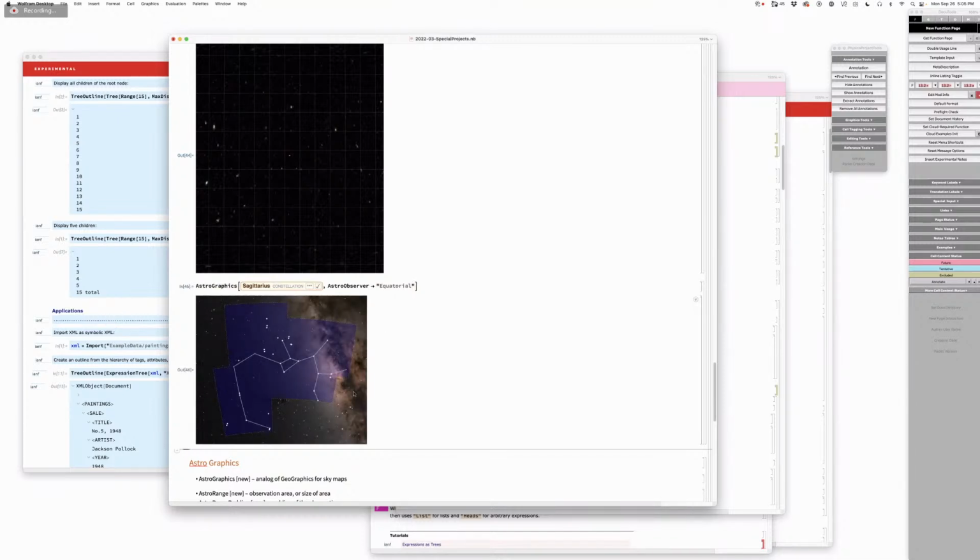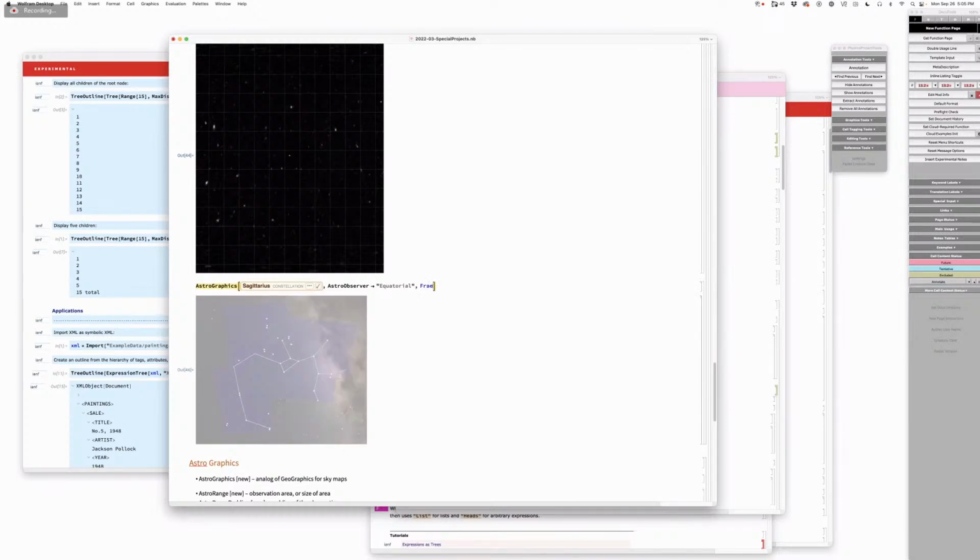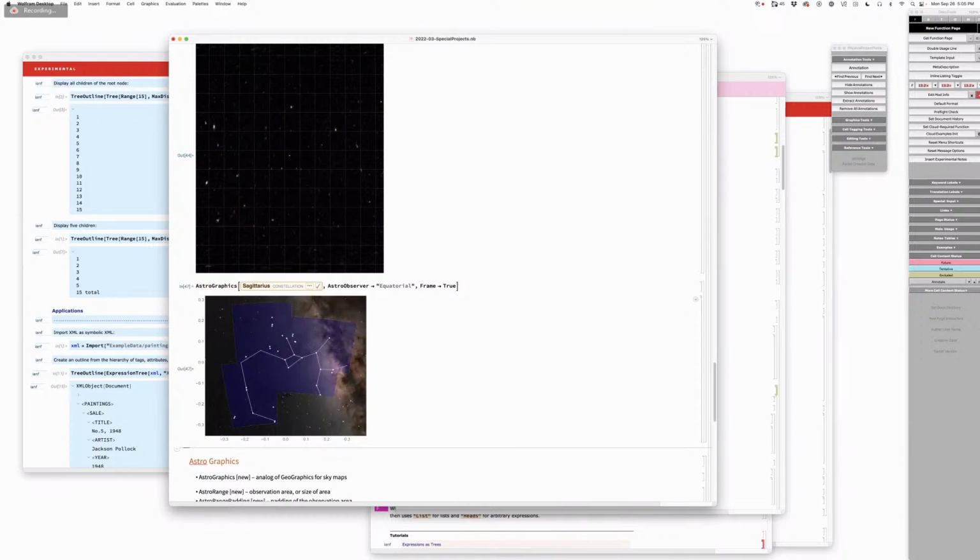Can I put scales on here? Scales, do frame goes to true. And that's going to give you equatorial coordinates. Why is it 0 there? Well, this is using now the Lambert azimuthal projection. It's like geo. It will choose whatever the Lambert azimuthal projection wants to use, centered on this.